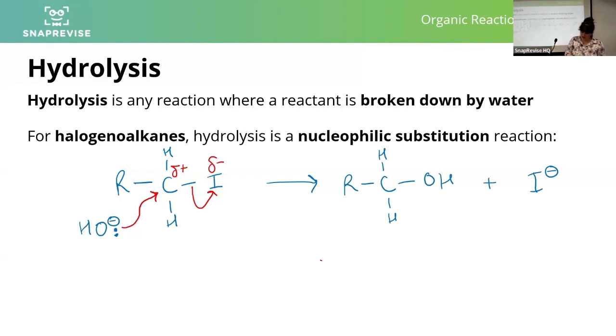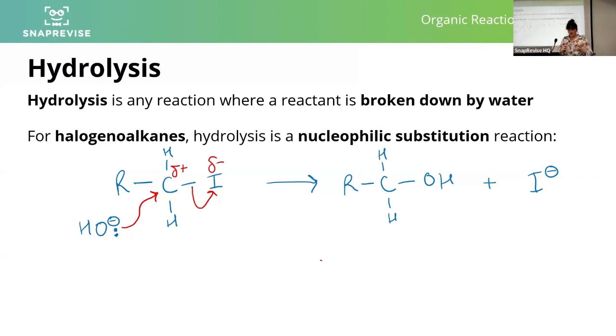Why is hydrolysis interesting to us, or why are we looking at it specifically here? We're looking at it because one of the practicals that you might have done or might be asked about is the rate of hydrolysis of halogenoalkanes.